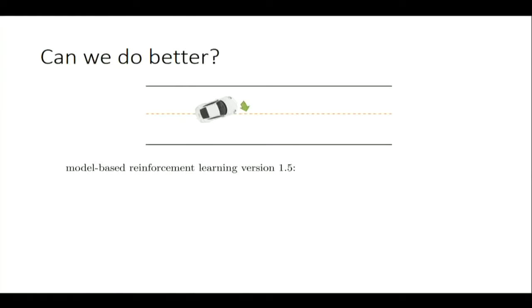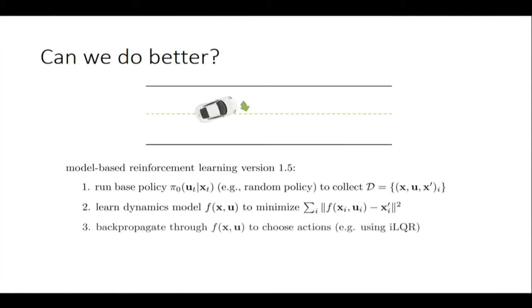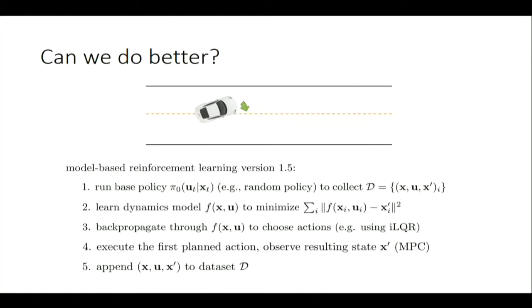Actually, pretty much the way you might expect. This is similar to something we saw last Wednesday, which is to use replanning or model predictive control. So we're going to run our base policy just like before, collect our initial data set, fit our initial dynamics, backpropagate through f of x, u to choose a sequence of actions, and then we'll just execute the first planned action, observe the resulting state x prime, append it, of course, to the data set, and then replan.